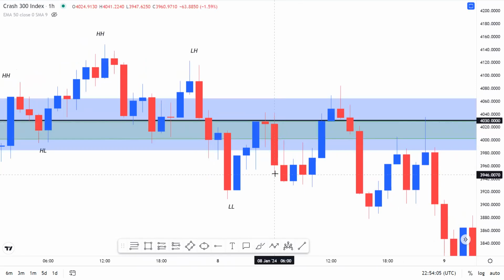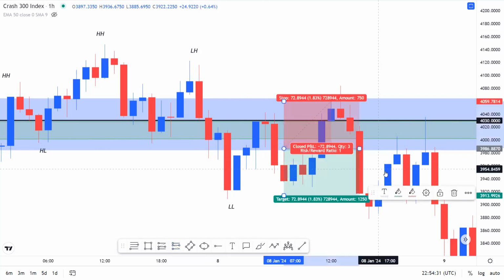So as soon as I had this confirmation candlestick, the hourly time frame bearish engulfing candlestick, this is where I was pretty much convinced the sales would kick in. And then whilst the next candlestick was nicely retracing, I had my entry for sell.